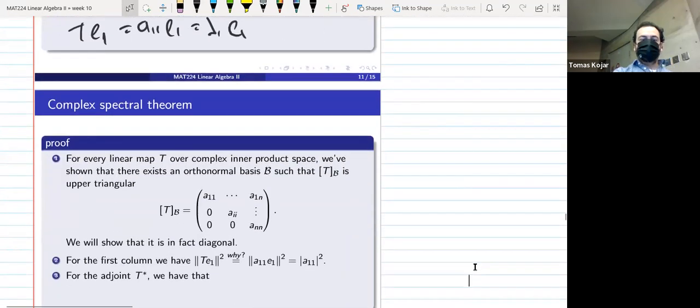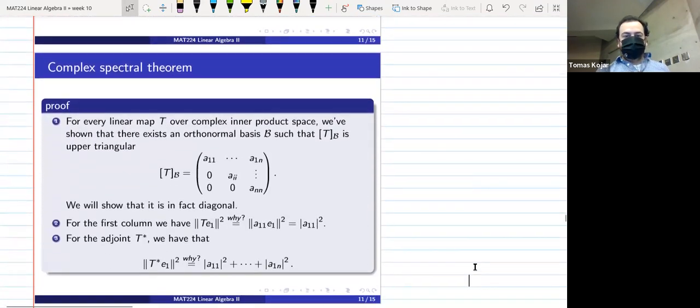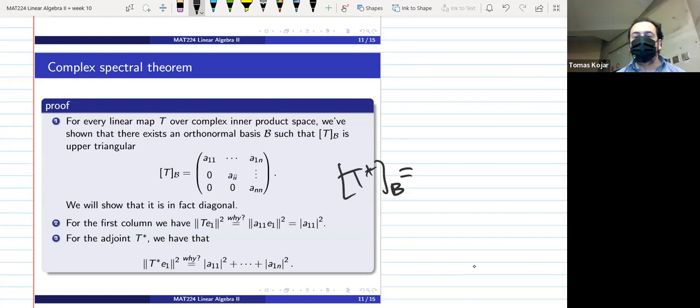The new information comes when you look at the adjoint. So let me remind you again, T star of B. Can somebody tell me what the matrix will be? But what's the name we used?